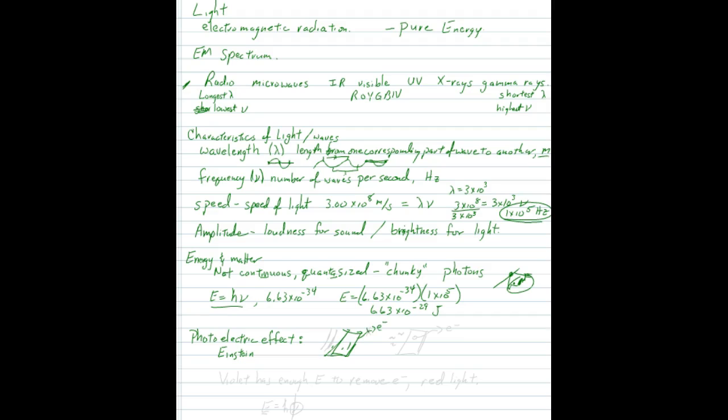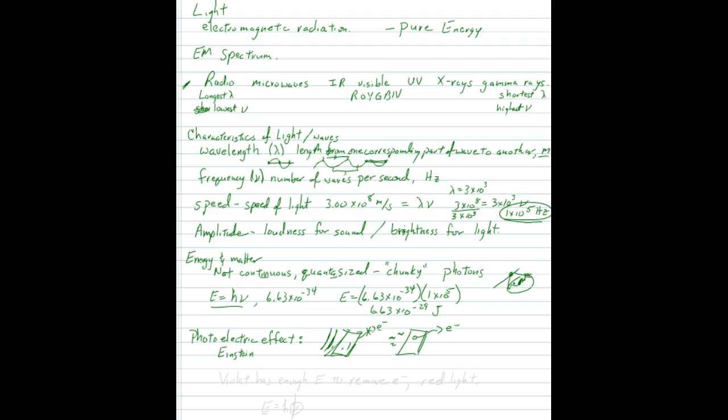But if light were photons, or chunks of energy, concentrated, so all the energy of this wave right here is concentrated in that one, and all this energy here is concentrated in that one, they come in and zap an electron, and yes, electrons can work.